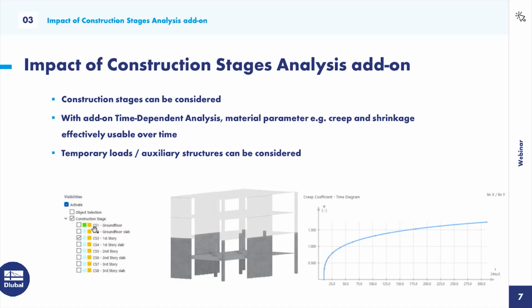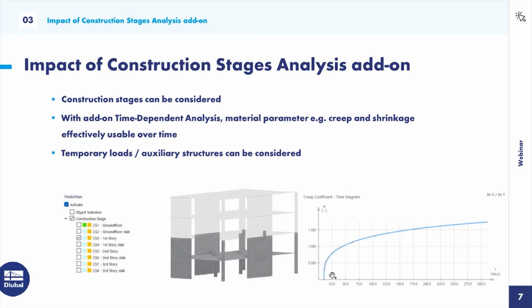So I will show you, for example, here that first the walls and the columns, then, let's say after 30 days, we make our slab from the ground floor. 30 days later, the first story, and again. So you have, in connection with the time-dependent analysis, the option to also consider the time, and that's very great because I'm of the concrete team.